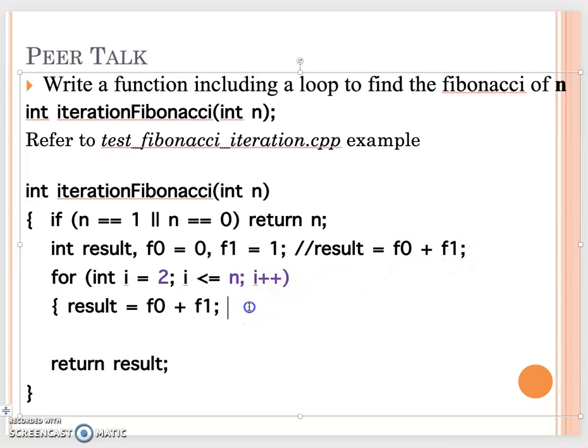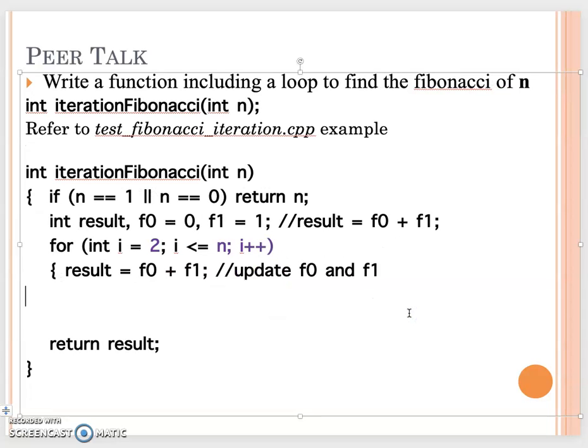So after you finish your addition, when we do the next iteration, we need to be careful and update F0 and F1. F0 becomes the old F1, because if you have 2, you add 0 and 1, but for 3, you need to add 1 and 2.